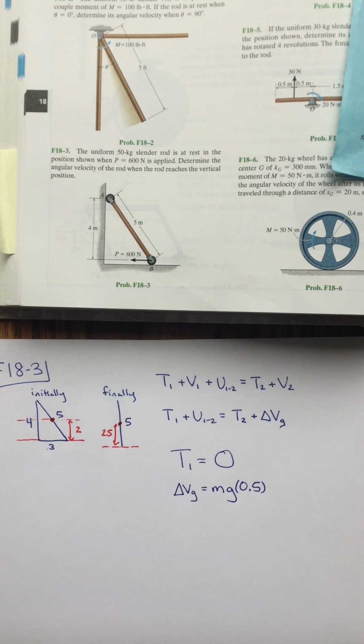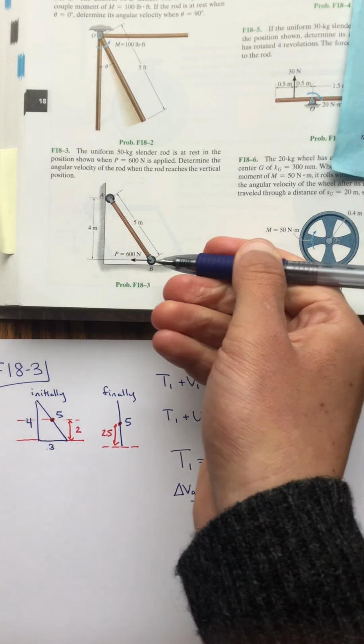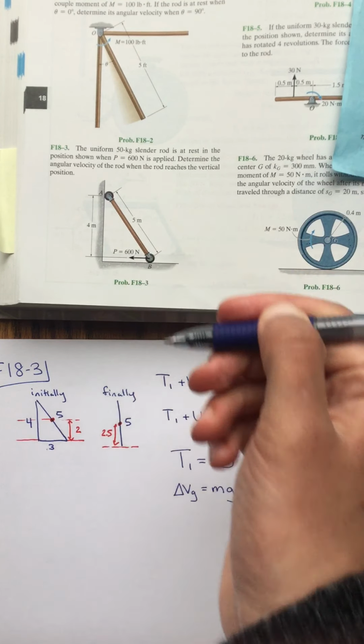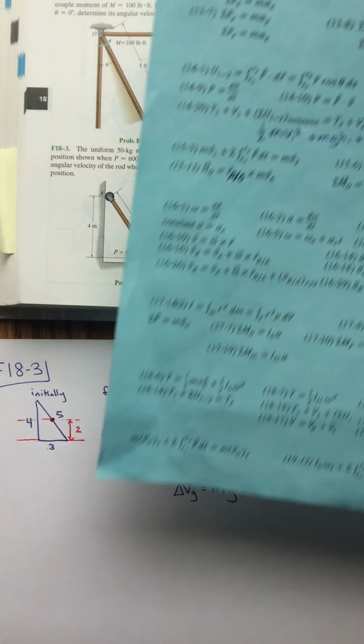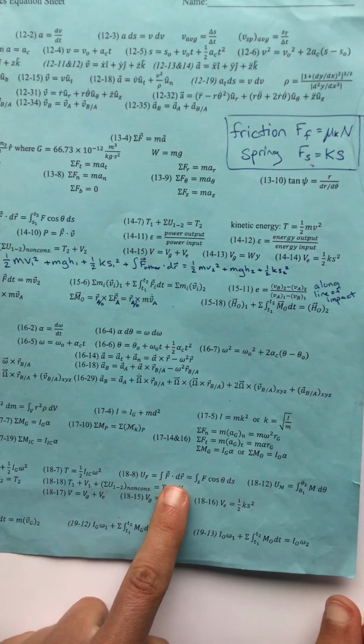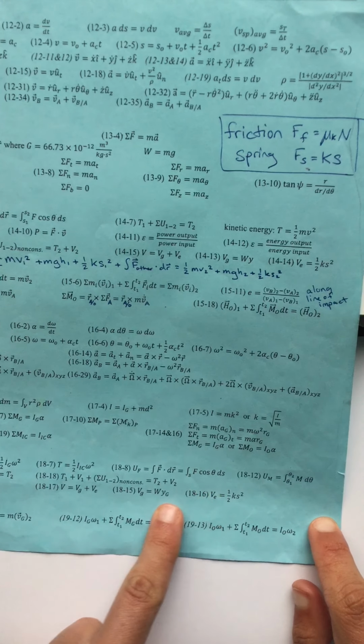Now, for the work done, the force P is being applied here. The displacement is in the same direction as the force. So when we do the force dotted with the displacement, we just get the magnitude of the force times the magnitude of the displacement. The force is constant, so when you do the integral here, cosine of the angle is cosine of 0 degrees, that's equal to 1, so that can come outside.